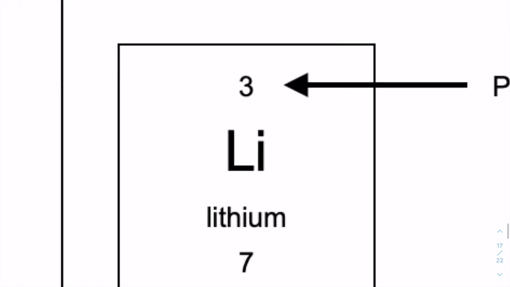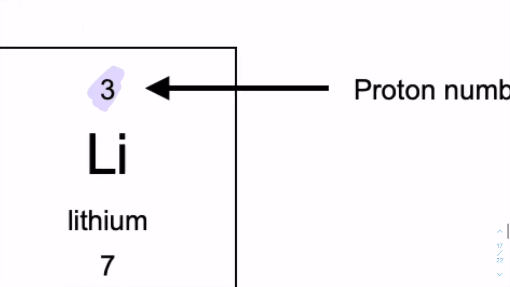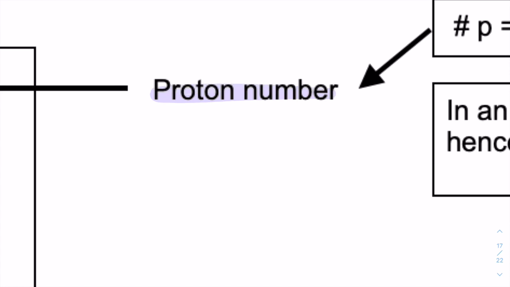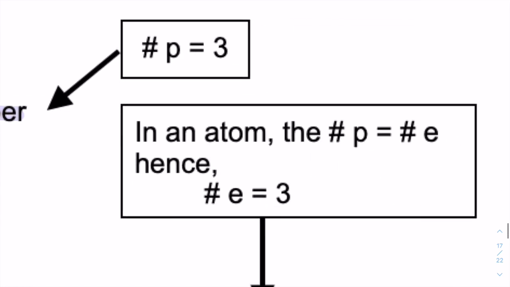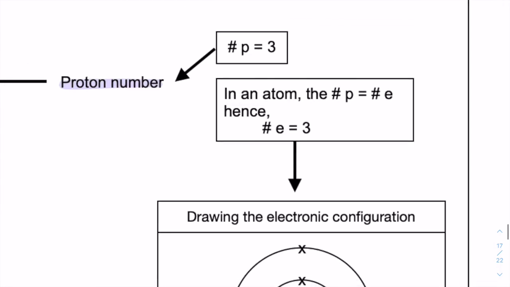Okay, so if we recall, the number on the top represents the proton number, and in every atom, the number of protons equals the number of electrons. So if the number of protons is 3, in lithium there will also be 3 electrons. So now our question is, how do we arrange these 3 electrons inside the electron shells of lithium?